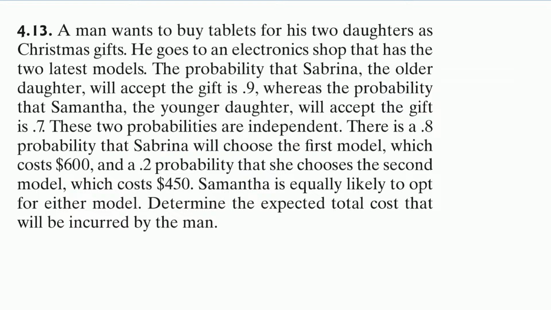Okay, so let's talk about this dude who wants to buy tablets. If we can conquer this, the other ones are very similar. The idea here is that you want to list out all the things that could happen and then find the average outcome. The only thing that is sort of unclear to me is this idea of accepting the gift, whatever that means.